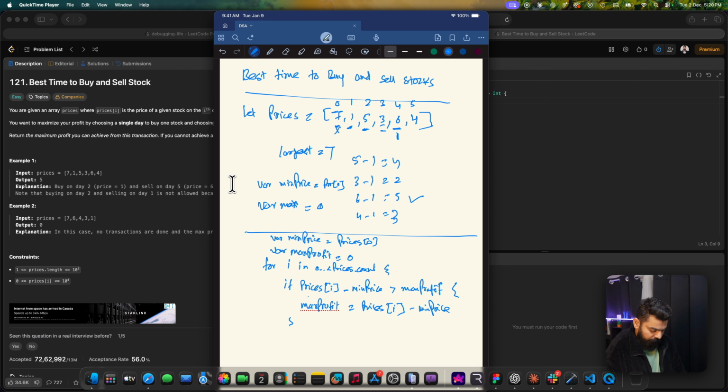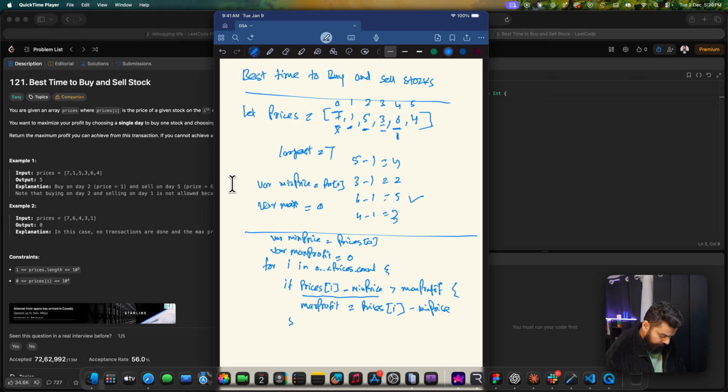So in this case, suppose we have any value here, we will be updating that value, but we will subtract the value we have already invested. Suppose I have invested 2 rupees and I'm getting 5. In that case I'll do 5 minus 2. It means the profit is 3. So this is that condition for the max profit.